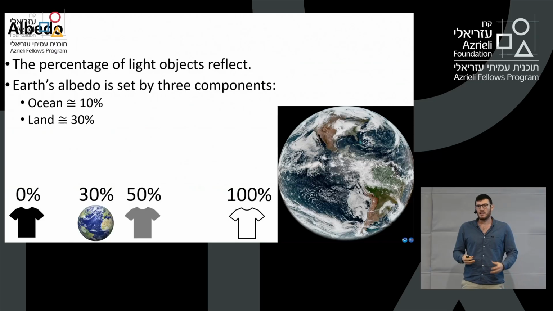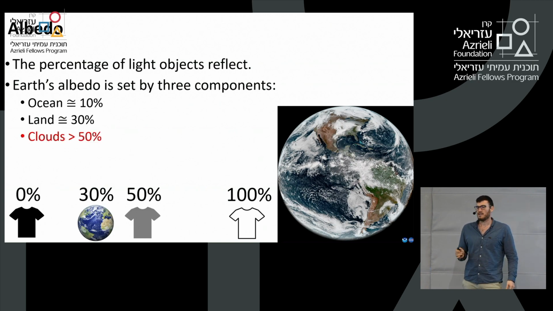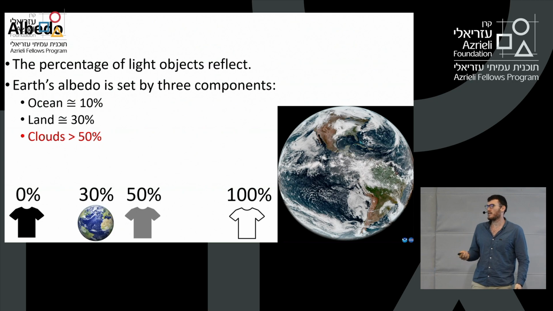We can see that the land is a bit brighter and therefore has an average albedo of around 30%. The third component is clouds. Clouds, as we can see in this picture, and as we understand from our everyday life, are almost white and therefore have an albedo of more than 50%. And therefore, they are the real game changer when it comes to albedo.